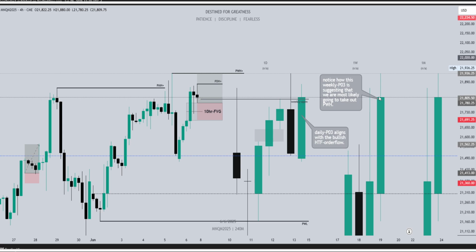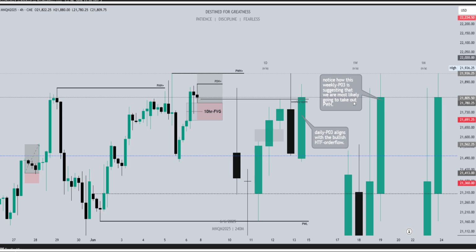The way that I interpret this information is that within the very next weekly candle, we should take out that weekly high. I don't know exactly what day and what time we should take out the weekly high, but that's going to be my objective.